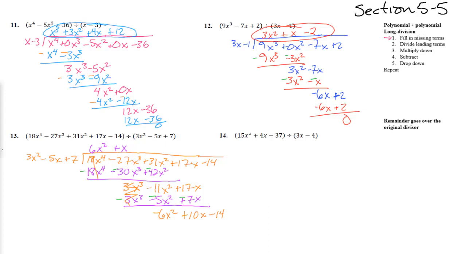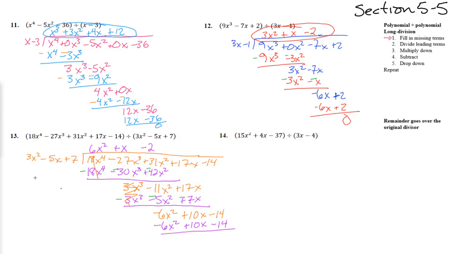Okay. 3x squared goes into negative 6x squared. Negative 6, nope, not negative 6. 6 divided by 3, that's a 2. Negative 2 times. Do I even need an x? Nope. Negative 2 times all of this gives me a negative 6x squared. Negative 2 times negative 5 is a positive 10x. Negative 2 times 7, that's a negative 14.